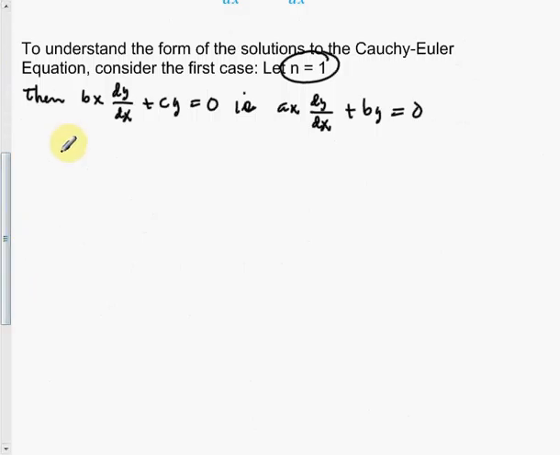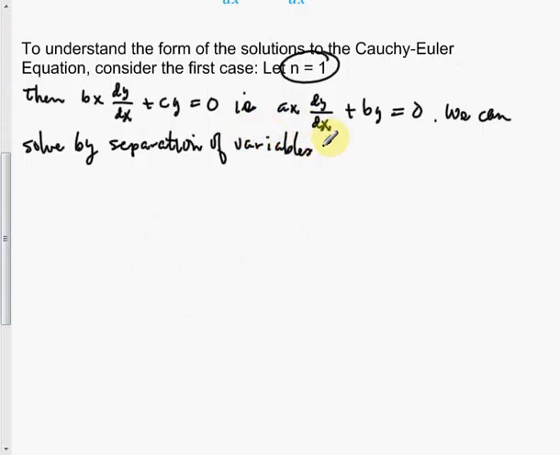So I'm going to solve this simply by separation of variables. So when we do that, we have ax times dy is equal to negative b times y times dx. Divide both sides by x, divide both sides by a, and divide both sides by y.